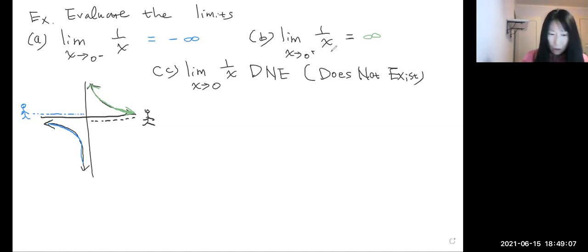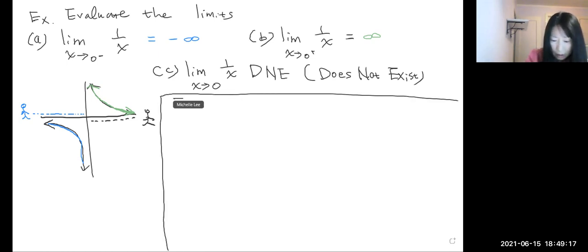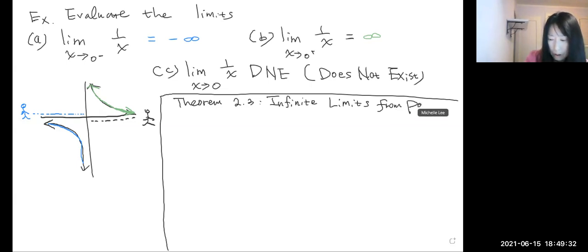All right. So then theorem 2.3 says that infinite limit from positive integers.